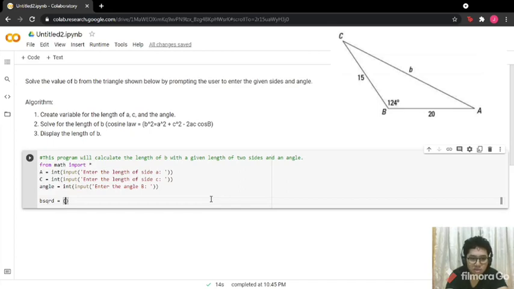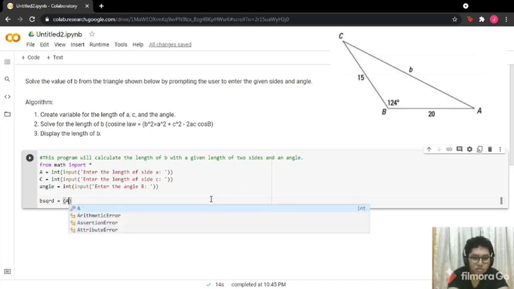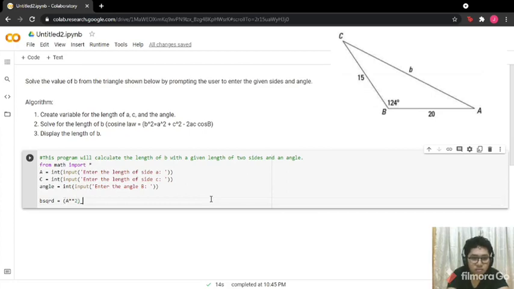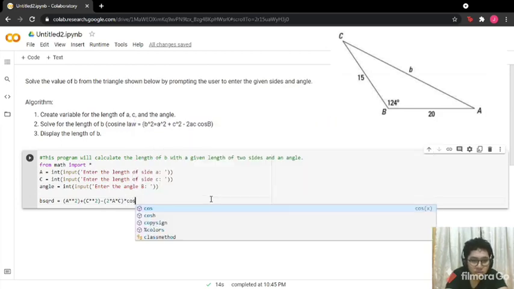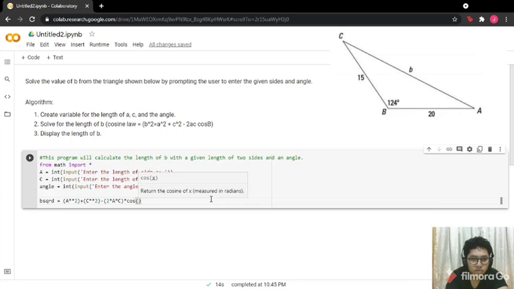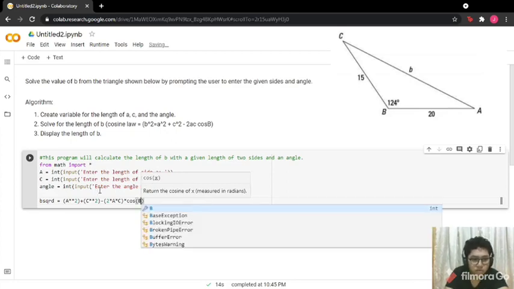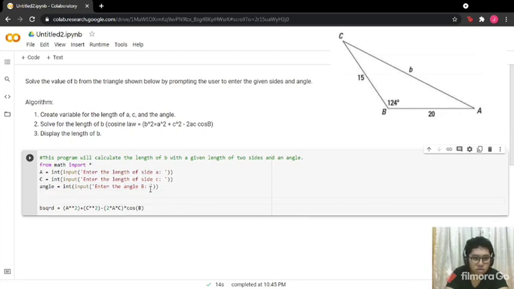So that is a squared plus c squared minus 2ac, then the cosine of B. Since our given is in degrees, I will convert it first to radians.